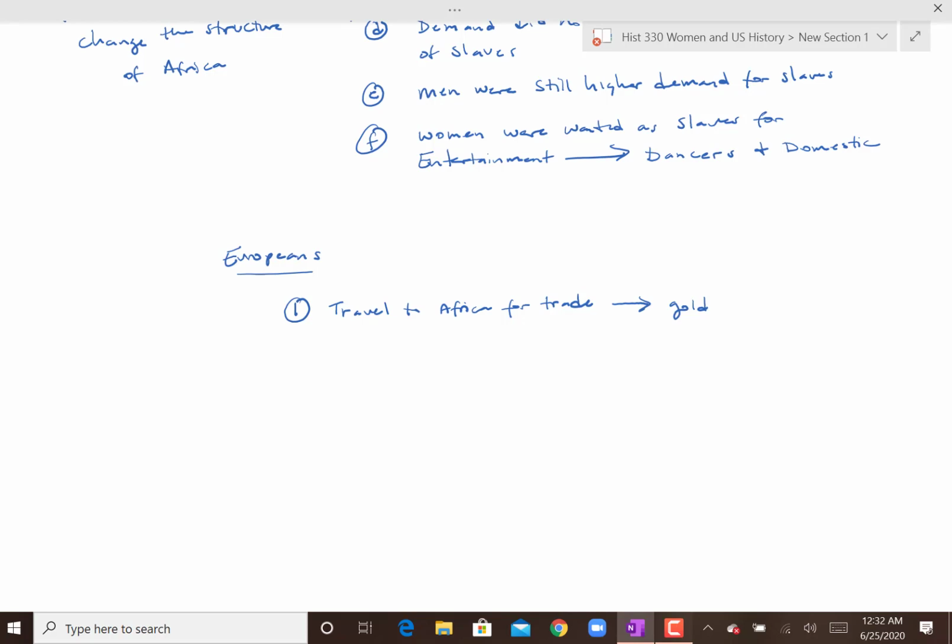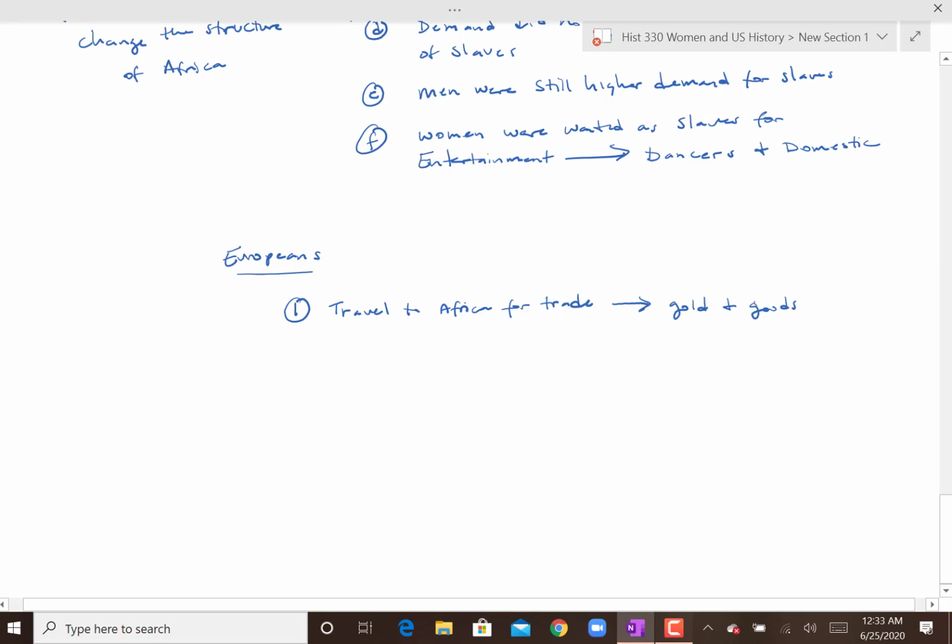And so rumors spread of the insane wealth that this king had, and it kind of got solidified in people's minds of just this wealth to be had in Africa. And so when people began looking to make trade routes to Africa, one of the things they were looking for was gold. Of course, we can put "and goods," because of course other goods were always on the table, but there was this interest in gold.